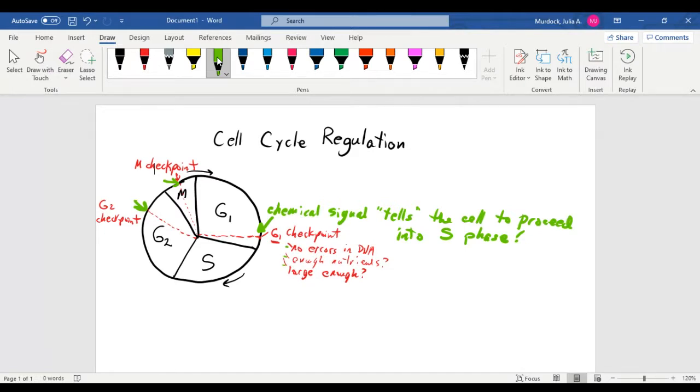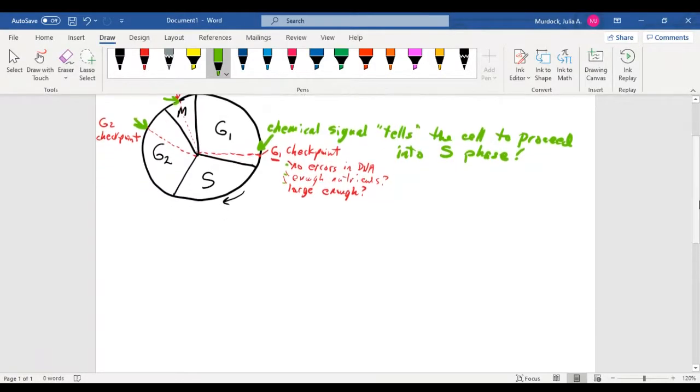Okay, so now let's go down and talk about these signals for a minute. There are two types of cell regulation signals. One is called a cyclin.